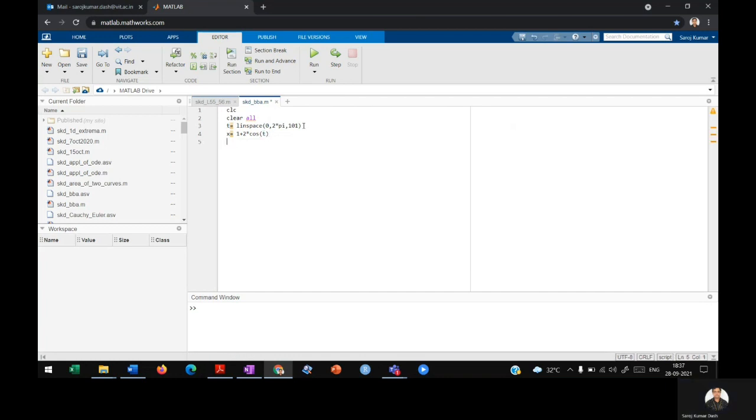Then y is equal to 3 plus sin t. Then we do plot x, y with r.